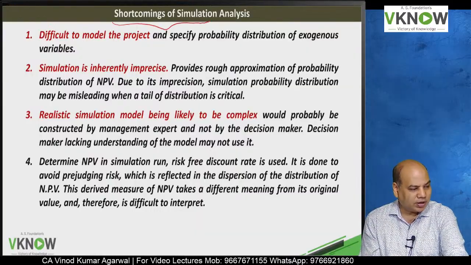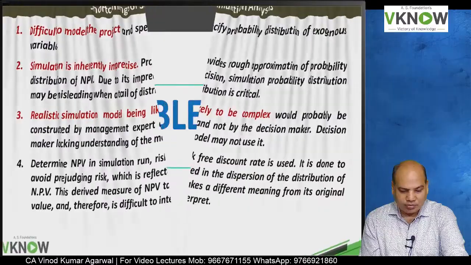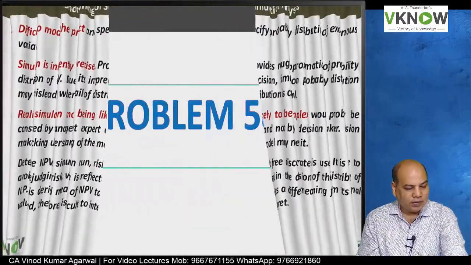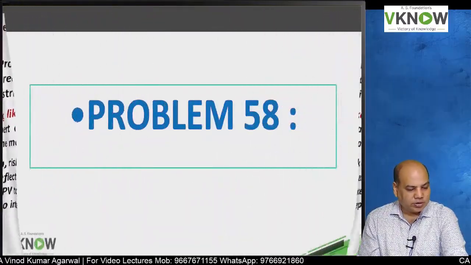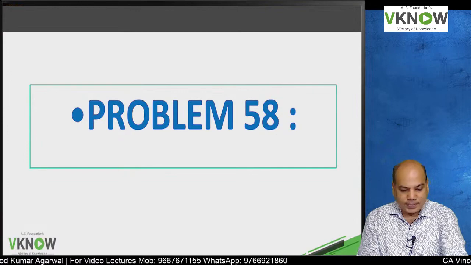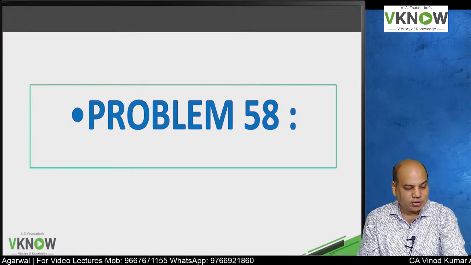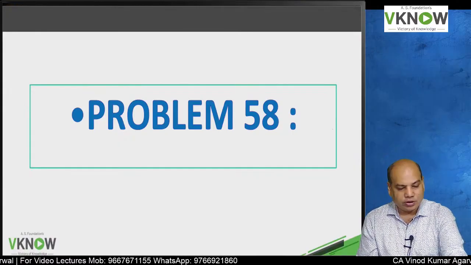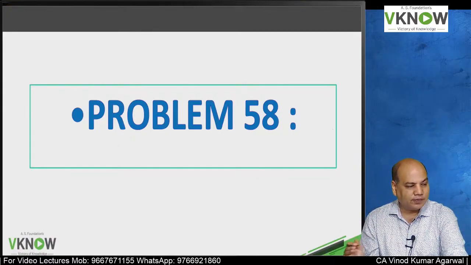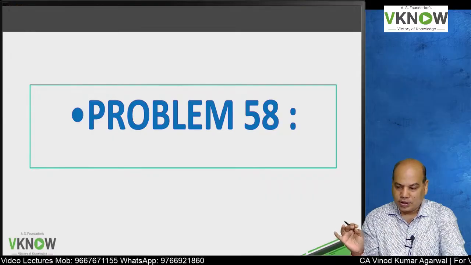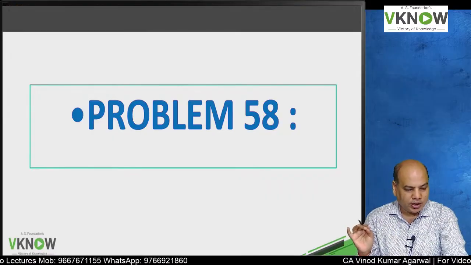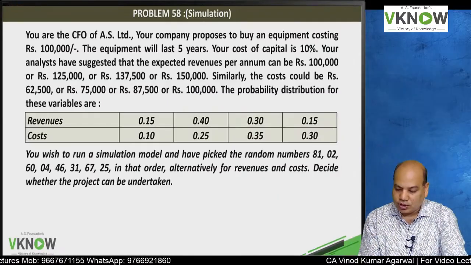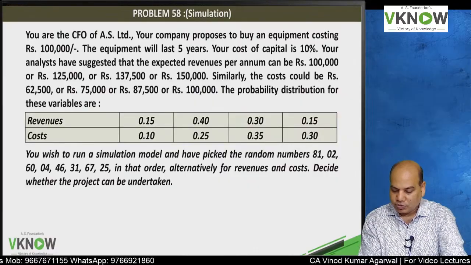Just simple plain English, read it, because I have never seen any theory question on simulation model. The only 2 questions they ask are printed in the book. We'll solve both these questions, and if they ask some different question, you will be able to solve based on 58 and 59. We are going to solve question number 58 today.